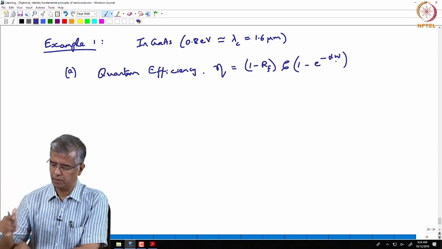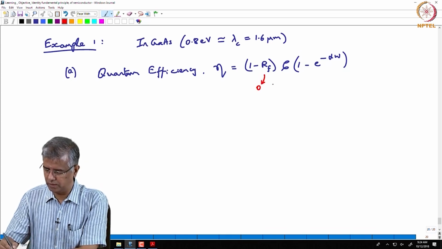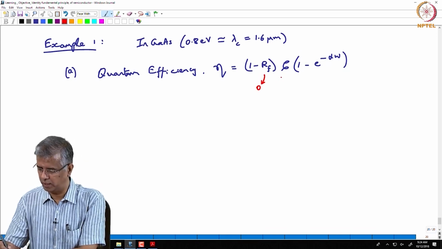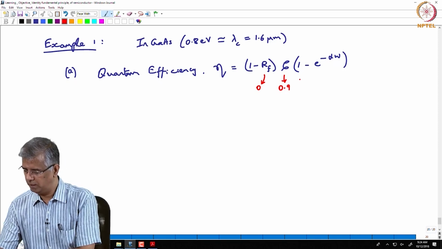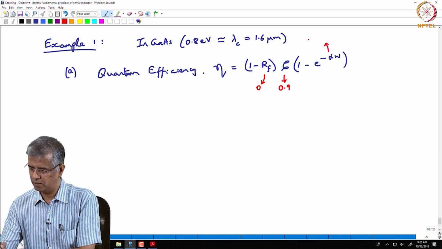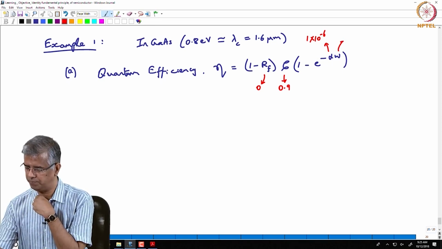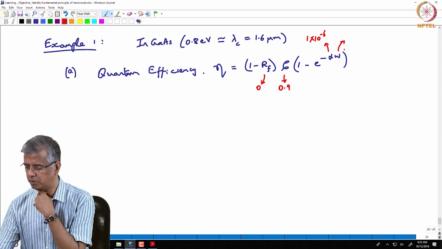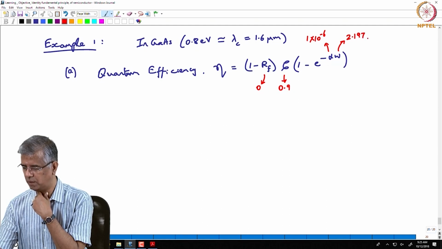Okay. So, in this problem we are told that RF is 0, we have been asked to assume that RF is 0. This zeta is given as 0.9, and your alpha is given as 1 into 10 power minus 6 per meter, and your W width is given as 2.197 microns, so in 10 power minus 6 meters.